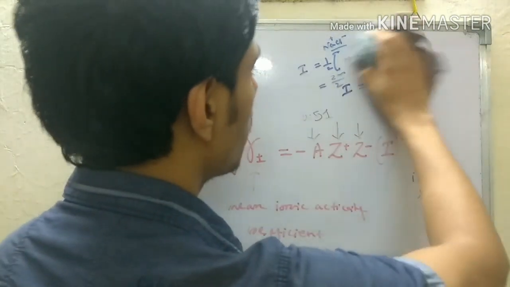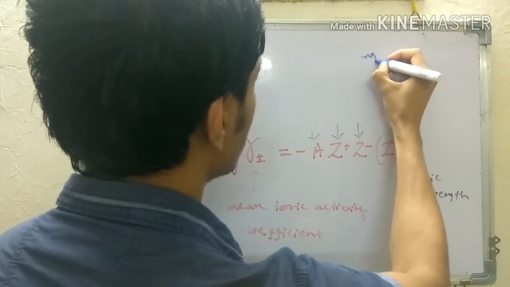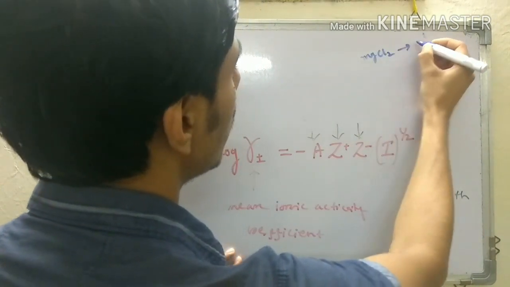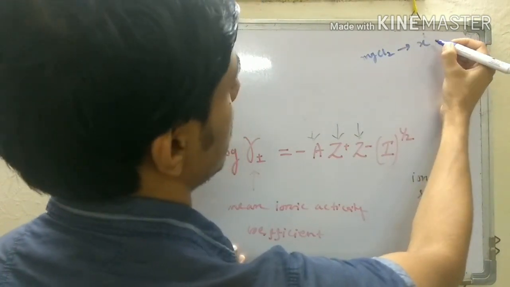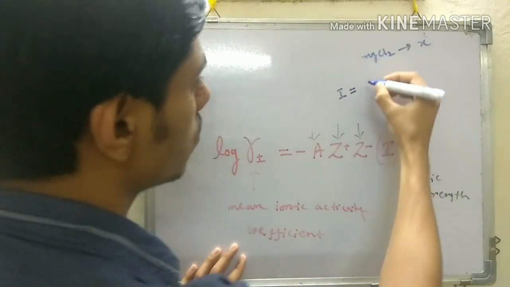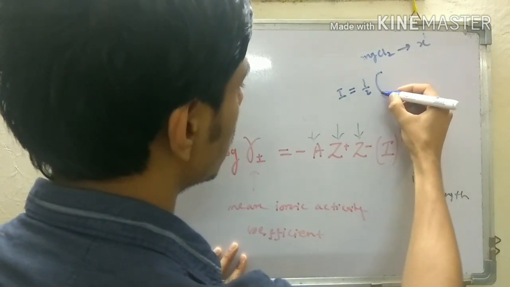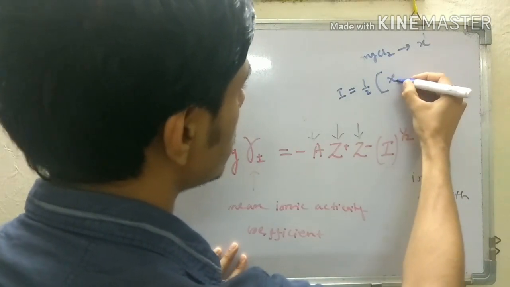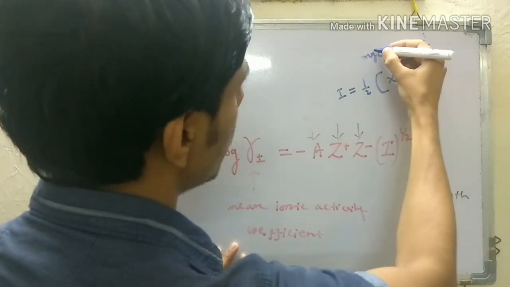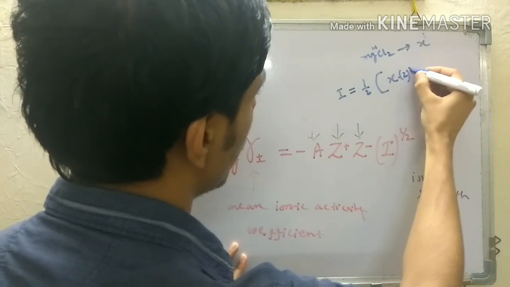Now let's say we have MgCl2 and the molality of the solution is, let's say, X. Then we can calculate the ionic strength as half into, for Mg we have the molality X into its charge, 2 plus for Mg 2 plus, so 2 square.